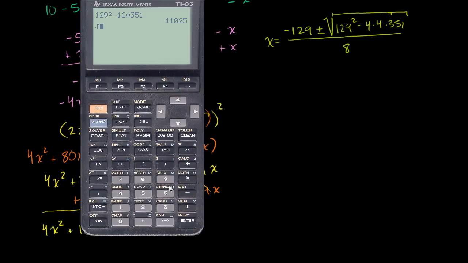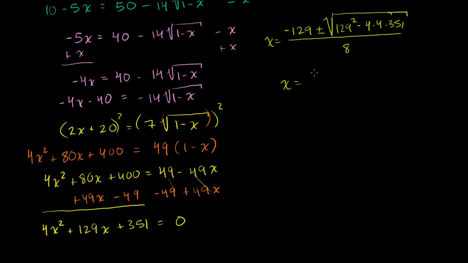On this calculator, you press second and answer right here. That'll use the last answer, so it's going to take the square root of that. It's 105. So lucky for us, it's not that crazy of a number. So we get x is equal to negative 129 plus or minus 105 over 8.